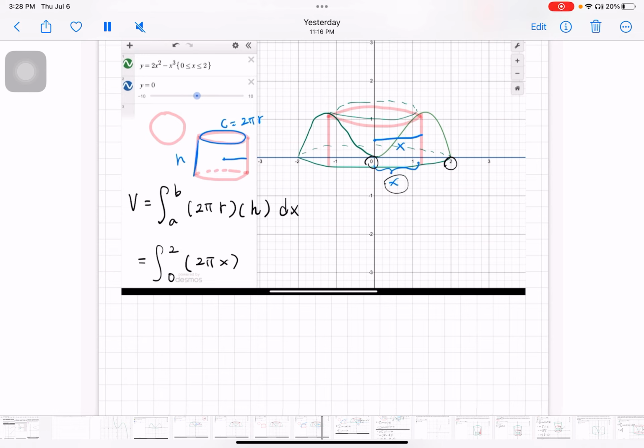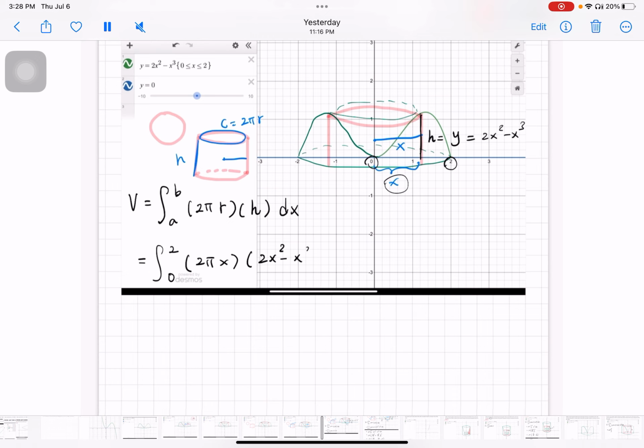And h, for this particular problem, is the height from the graph to the x-axis, which is going to be the y, which is 2x squared minus x cubed. This is how we set it up, and now we can start evaluating.